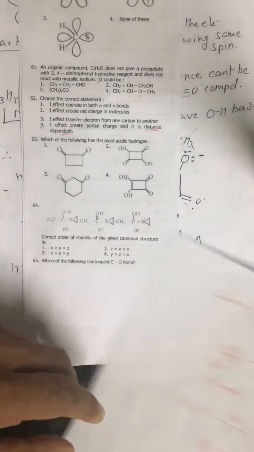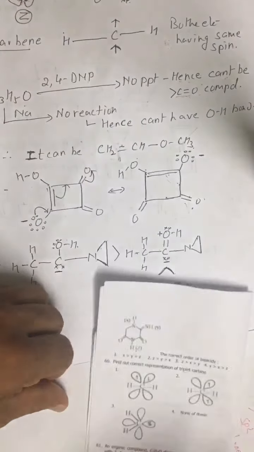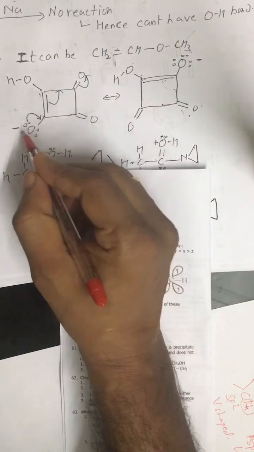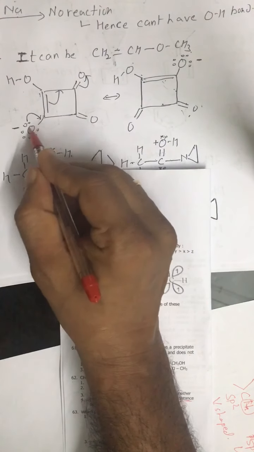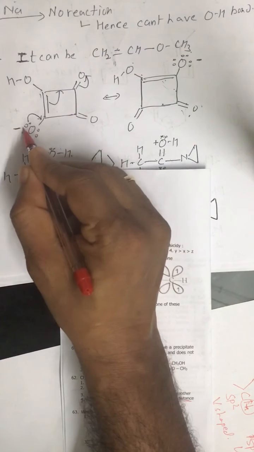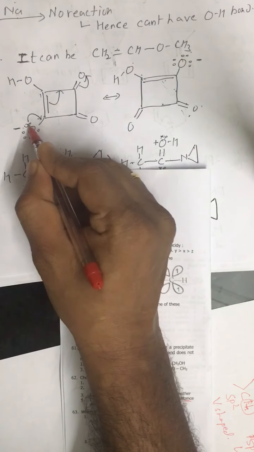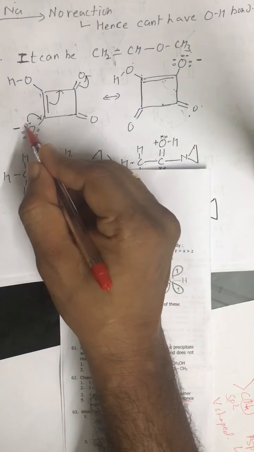Look at this structure, the fourth one. After the donation of H positive, we get this kind of negative ion. This negative ion having LP is in conjugation, and it has extended conjugation.